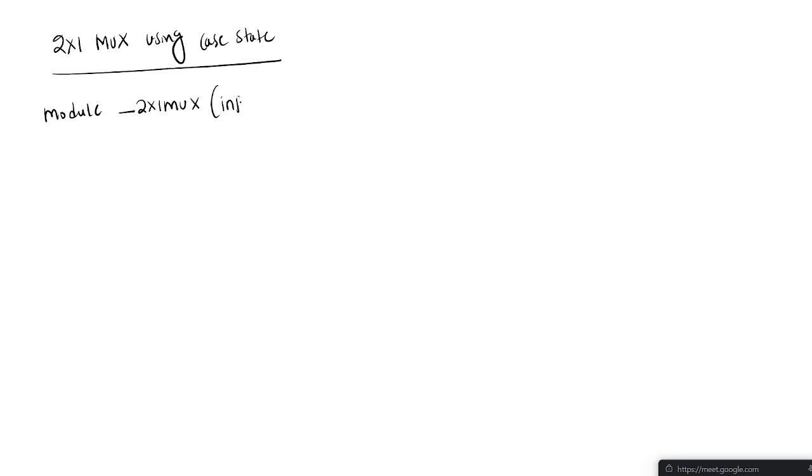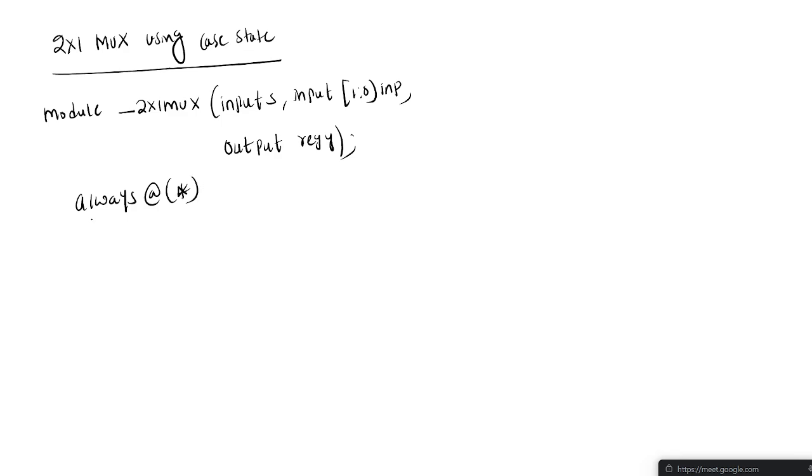I need to declare input [1:0] inp, and output reg y, and I'm using an always block, always @(*). Begin. If it is multiple statements, you need to write between begin and end.